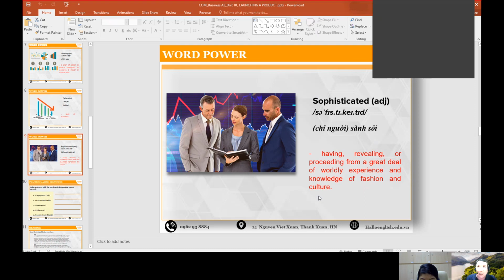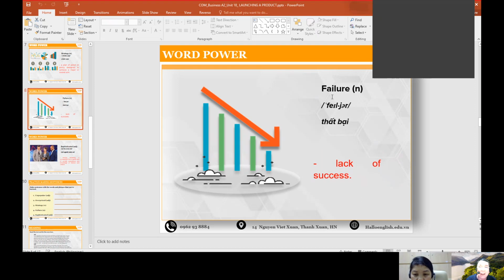It should be consumed by the consumer because of its package, maybe because of the design. The design should be sophisticated so that the consumer is going to buy it. If the design is not sophisticated, there would be failure.